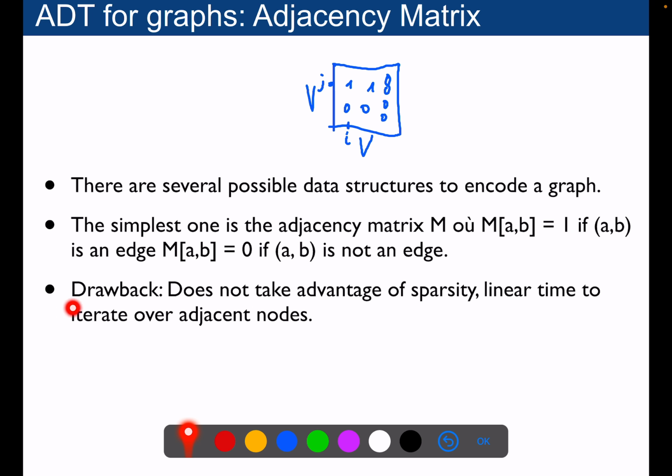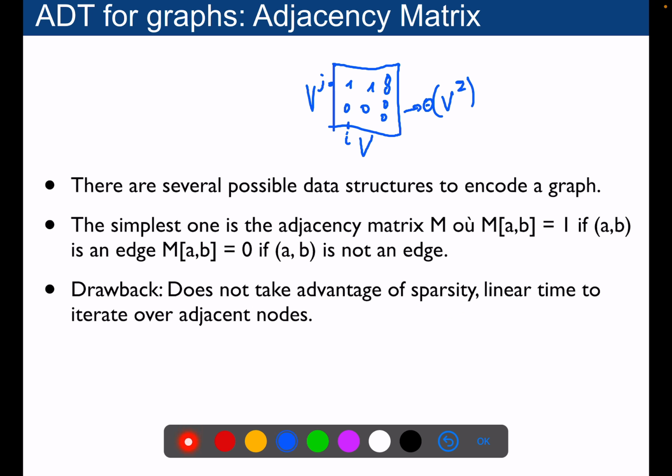The drawback of that is that the amount of memory that you use will always be of order V squared, right? Or theta V squared. So this is quite a lot of memory to pay if you only have a few edges, for instance. And by a few edges, we mean that the graph is sparse. So in that case, we prefer to use a linear space complexity, and this is also better if you want to iterate, for instance, over all the adjacent nodes of a given node.